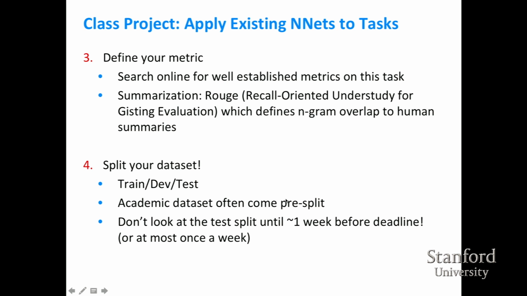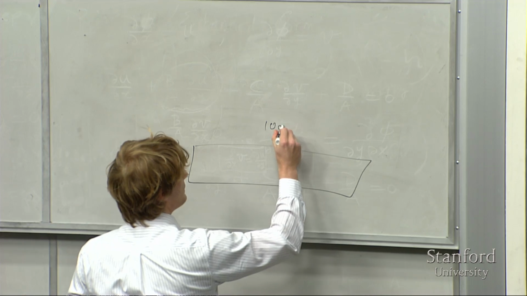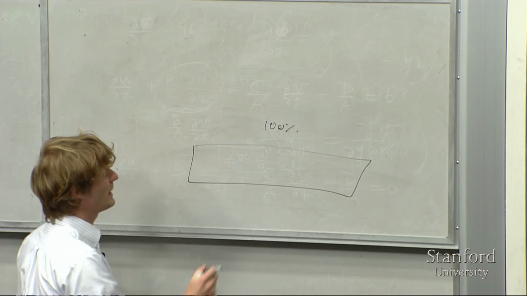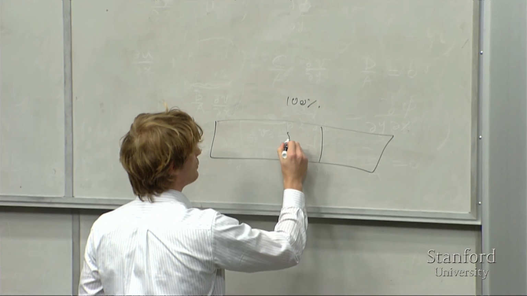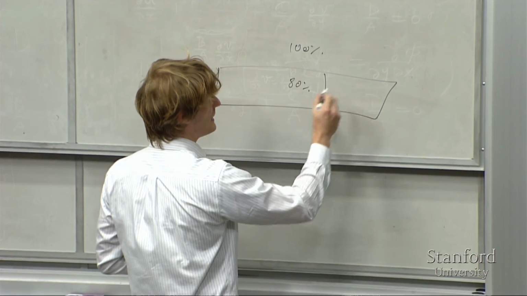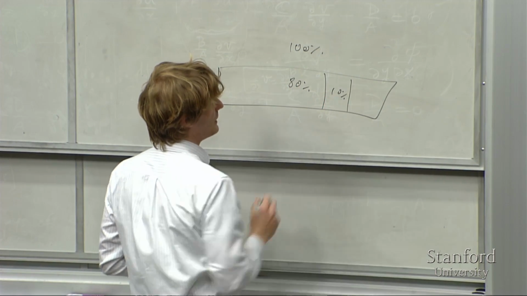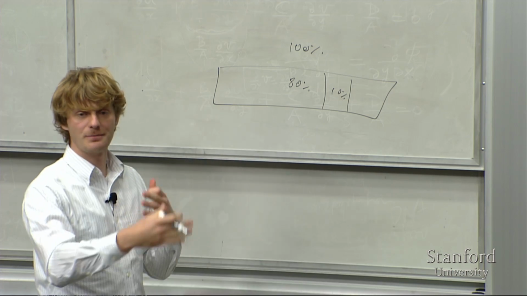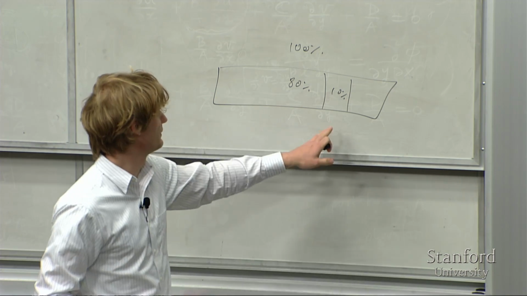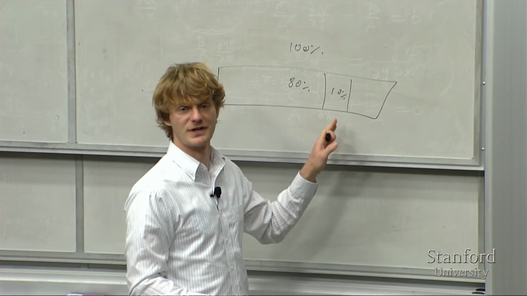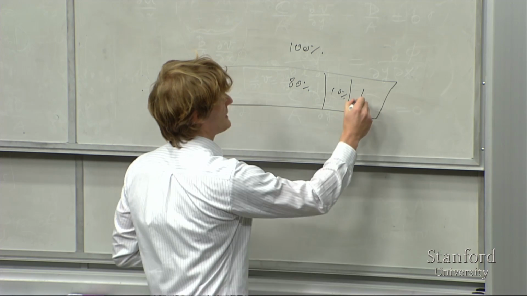So let's say you have downloaded a lot of different articles, and now you have 100% of the articles you want to summarize. A normal split would be to take 80% for training, 10% for your validation and development. This is often called the validation split, the development split, the dev split, or various other terms.